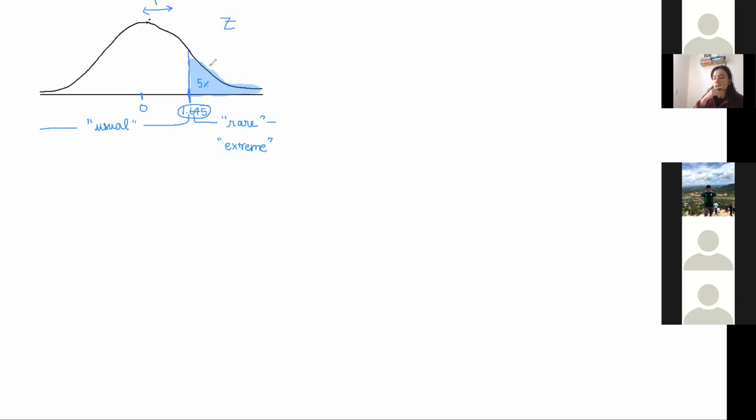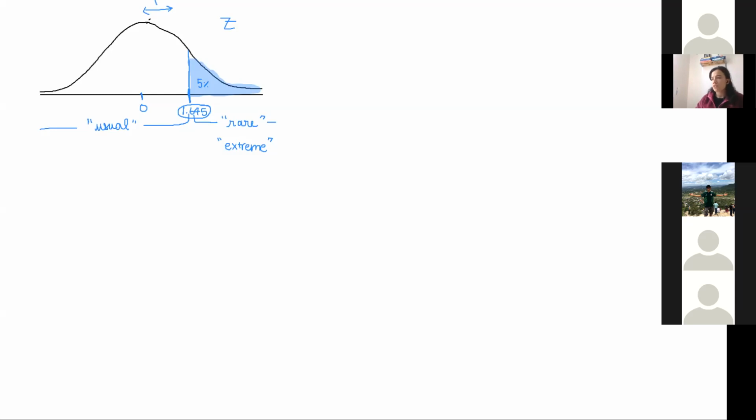So if I got a result that is larger than 1.645, then I'm in the rare situation, and so that means that my result cannot just be explained by chance. But if I am on the usual side, so if I have a value that is smaller than 1.645, then my result was to be expected, and so I can conclude that this was just a matter of random chance. The 75 was just because of natural variation that there is in choosing one sample.